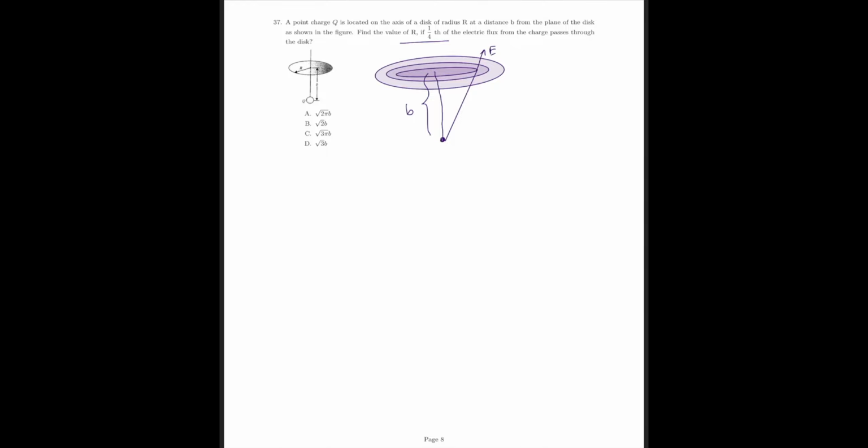Then the area vector is this, so their angle is theta, which is same as theta. Sorry for the bad drawing. So we need to calculate first the flux through this annular region.